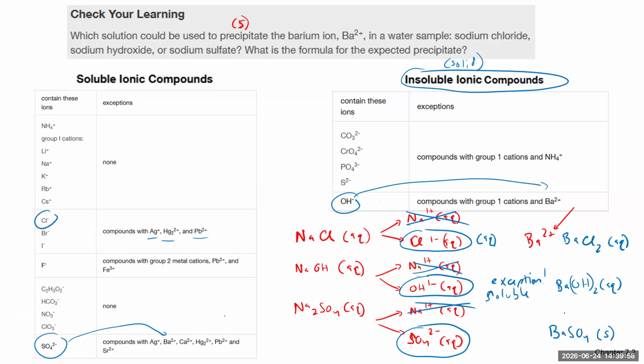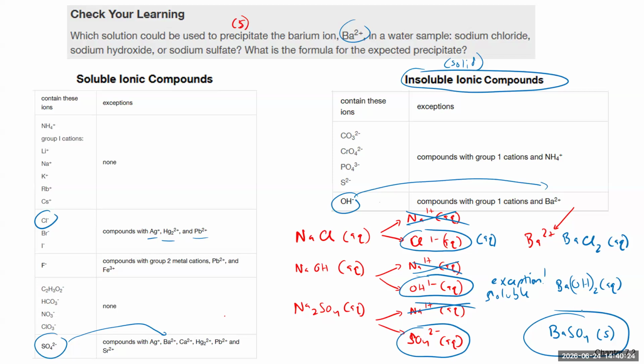And the reason why we knew that, again, is because they're asking about barium. You're saying, hey, barium's here. Can it form a solid? Well, it cannot with sodium chloride because barium chloride is aqueous. Sodium hydroxide, barium hydroxide is aqueous, but barium sulfate is not aqueous.